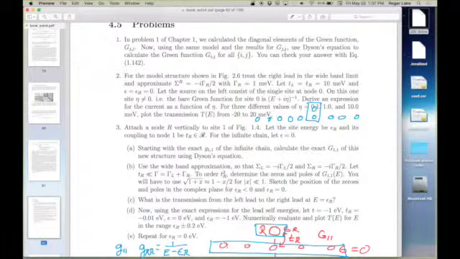The only coupling between the leads and the device is to site 1. There's no coupling to site R between the leads and the device.